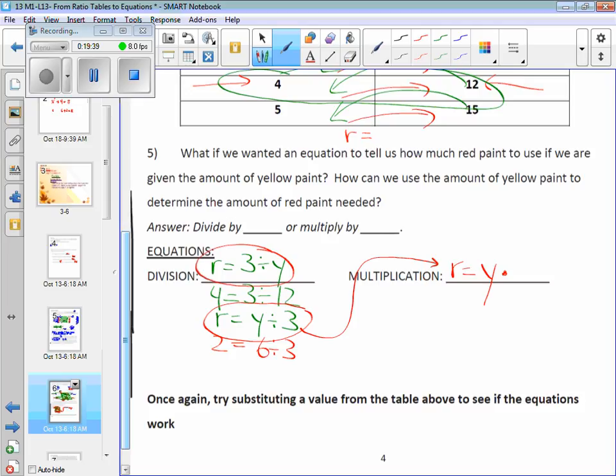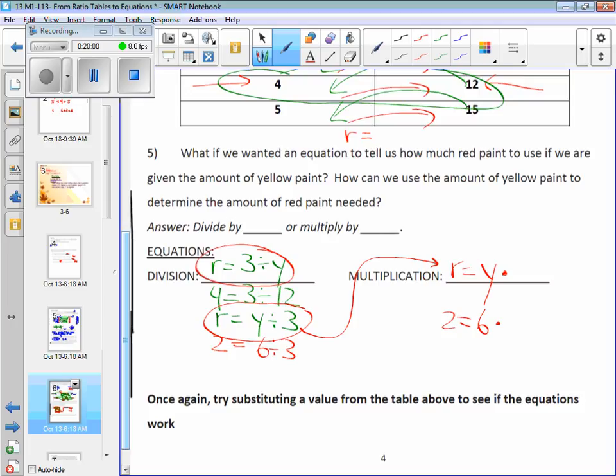And you know what? Let me see if this helps you. Let me take these values. 2 equals 6. I'm just going to substitute back in. Times what? 6 times what would make 2?